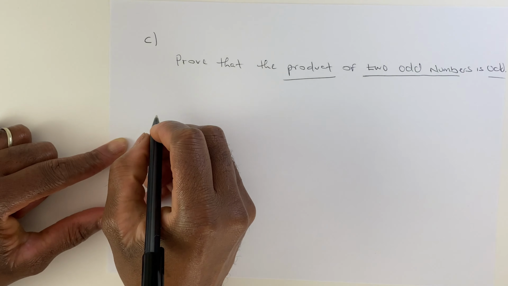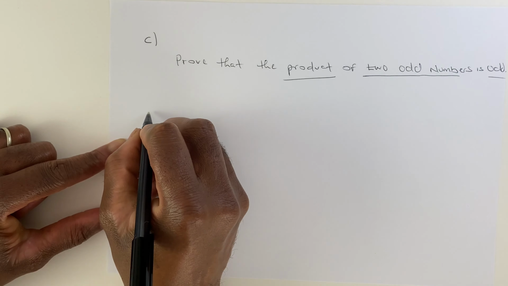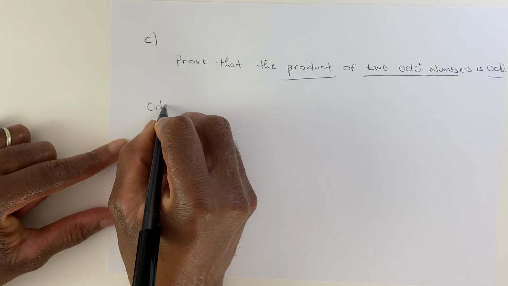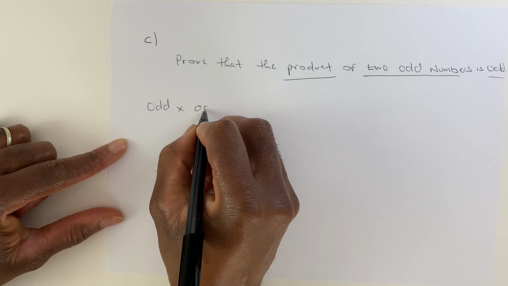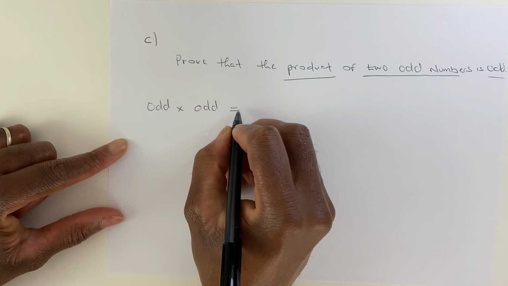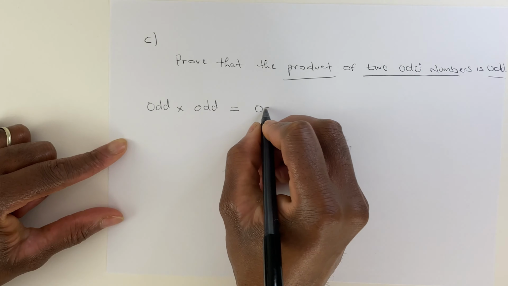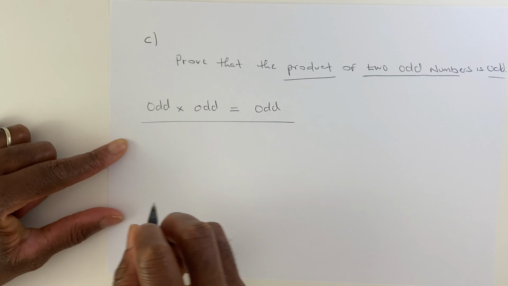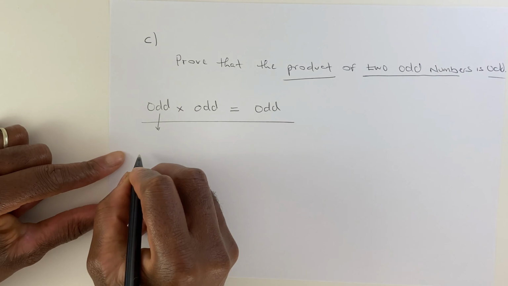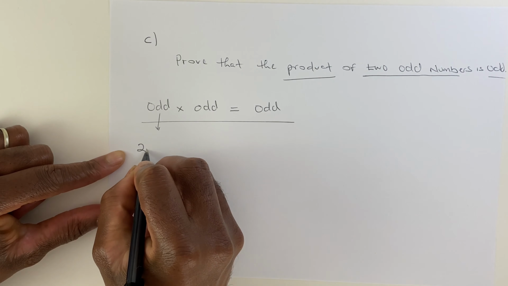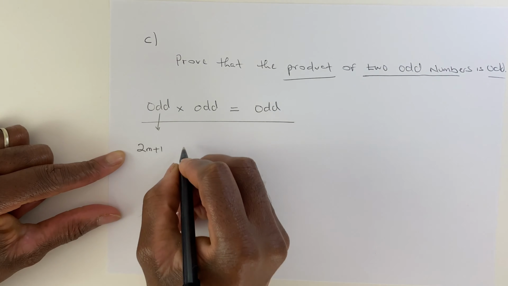So we need to define the first odd number. So we're saying odd times, product means times, odd should be equal to odd. So that's what we're trying to prove. So in this case, we need to define the first odd number, which is 2m plus 1.